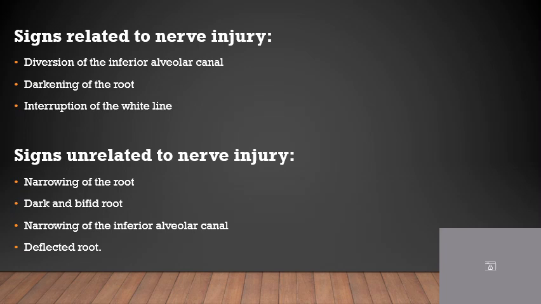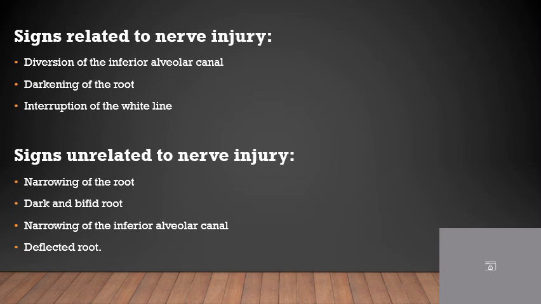In those conditions, when you suspect that kind of radiographic finding, it is always better to go for controlled procedures like coronectomy, or you should have precautionary methods which can stop the bleeding in case you injure the neurovascular bundle.